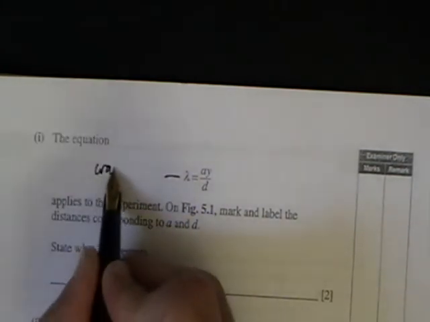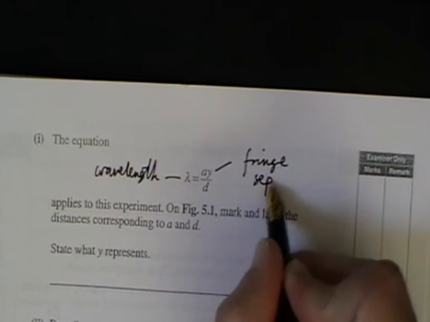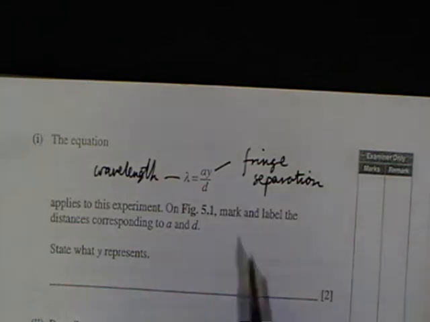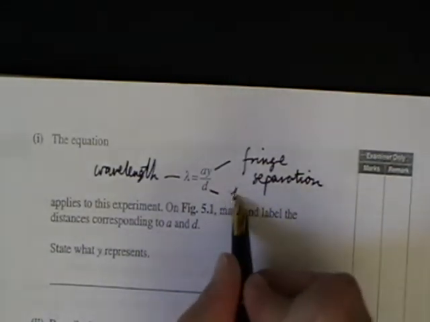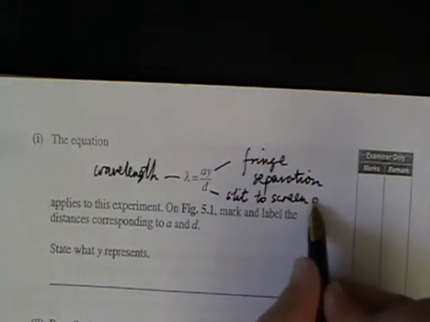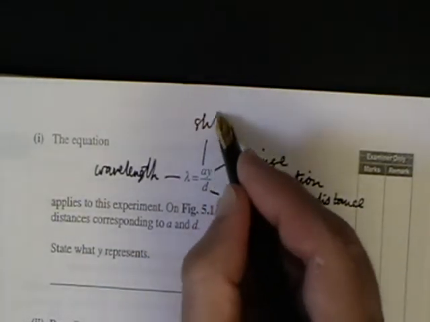It is asking you to mark and label the distances corresponding to A and D. So in this equation here, lambda, remember, lambda is the wavelength, y is the fringe separation, that's the distance between consecutive bright fringes or consecutive dark fringes, D is the slit to screen distance, and a is the slit separation.